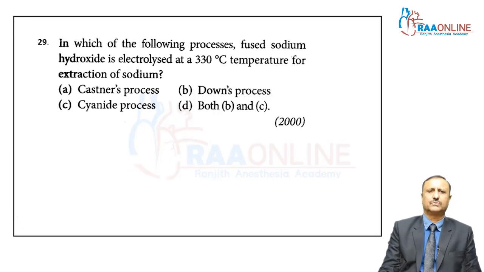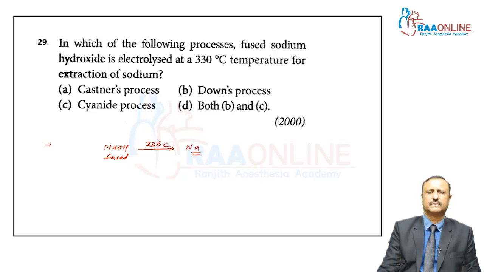Now we can go to question number 29. In which of the following processes is fused sodium hydroxide electrolyzed at 330 degrees temperature for the extraction of sodium? Sodium hydroxide in fused condition is electrolyzed at 330 degrees Celsius, and you get sodium.